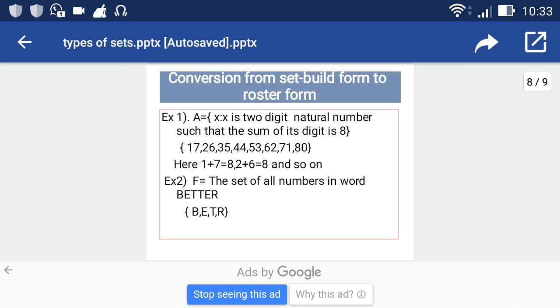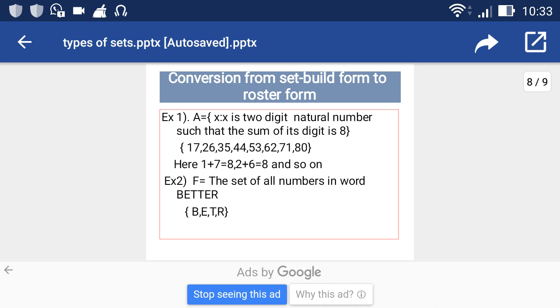Let us take conversion of set builder form to roster form. How can you change an expression represented in set builder form to roster form? We have an example: capital A is equal to x colon x is a 2-digit natural number and the summation of its digits is 8.